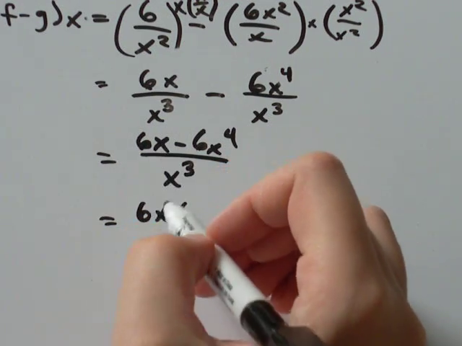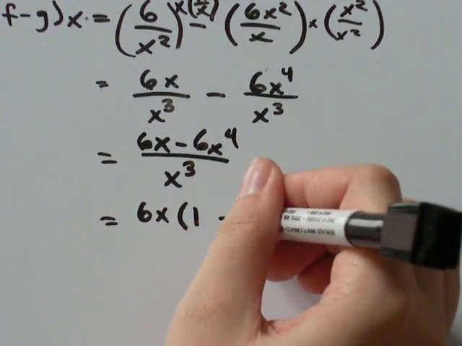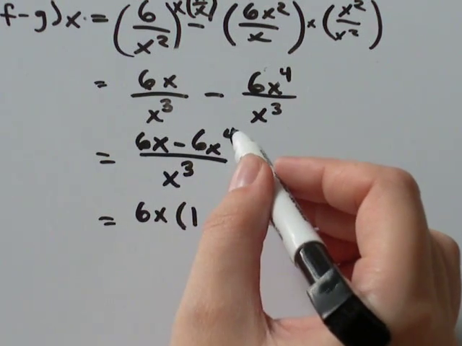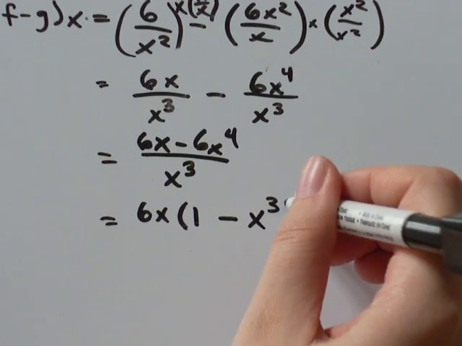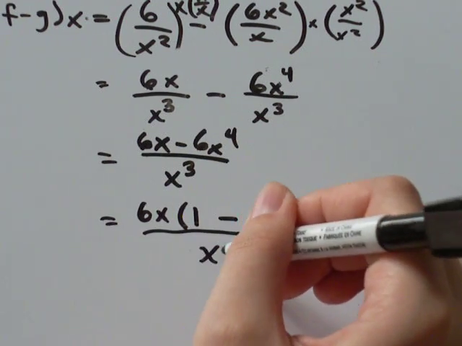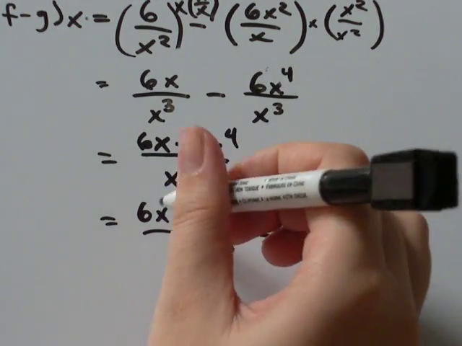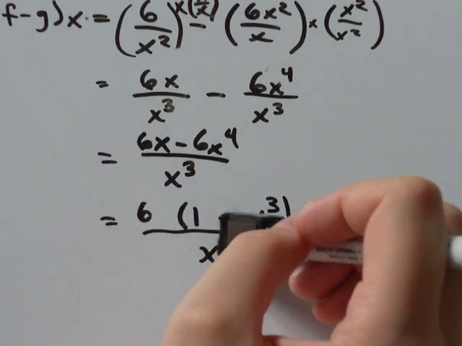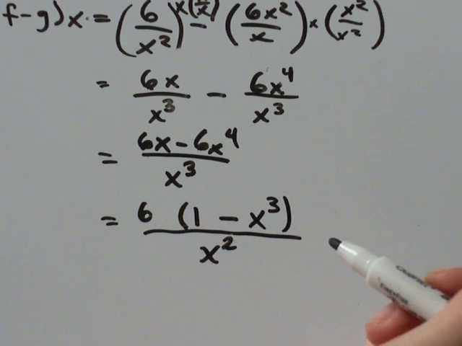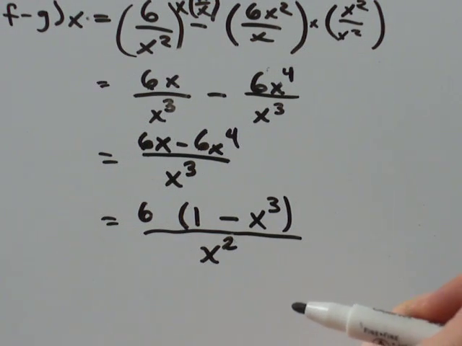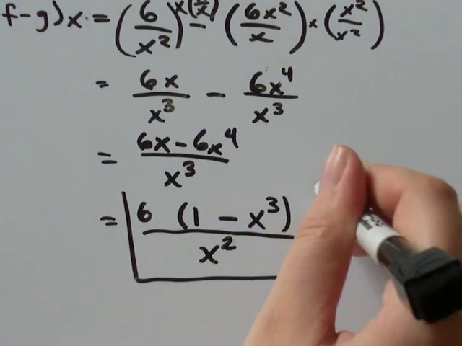Then 6x divided by 6x would be 1. Minus 6x to the 4 divided by 6x would just be x to the 3, over x cubed. And then you could cancel out the x term up here with one of our x's down here, and it would be 6 times 1 minus x cubed over x squared, and that would be your final answer.